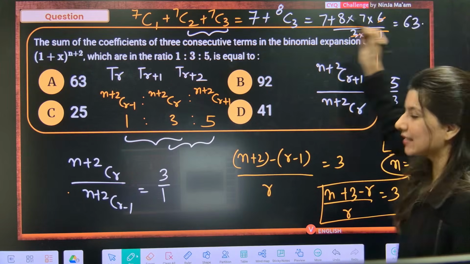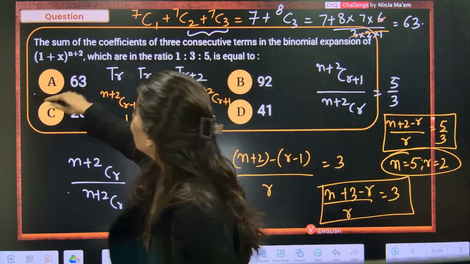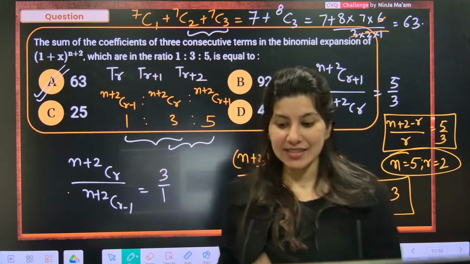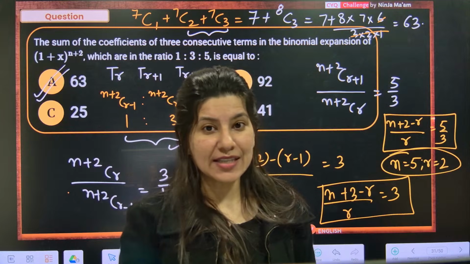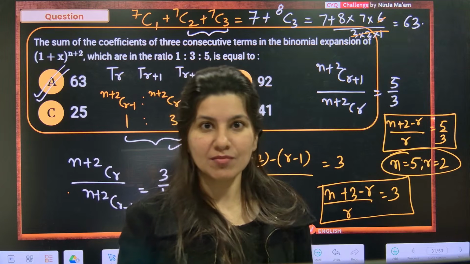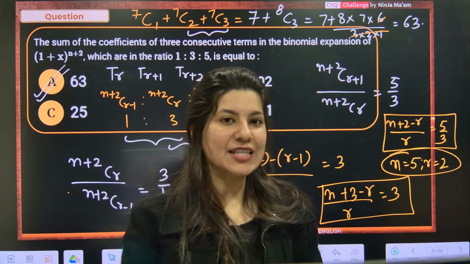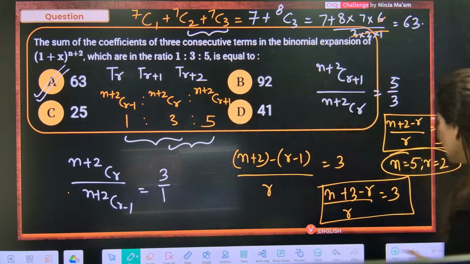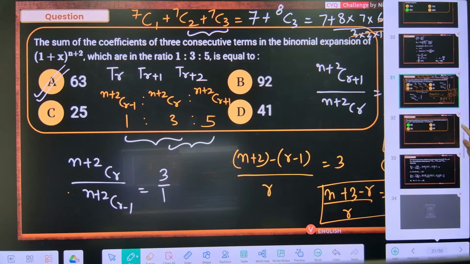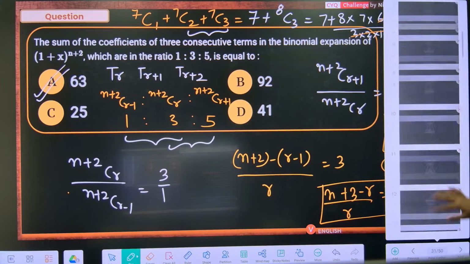Yes, 63. Option A is absolutely correct. Are you getting it? I feel that this session is actually very good. While solving it myself, I feel that each and every part will get revised. It's not just most expected, you are revising a lot of things in here.